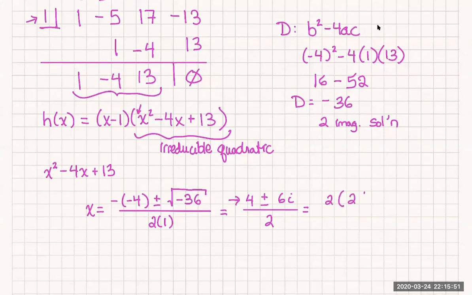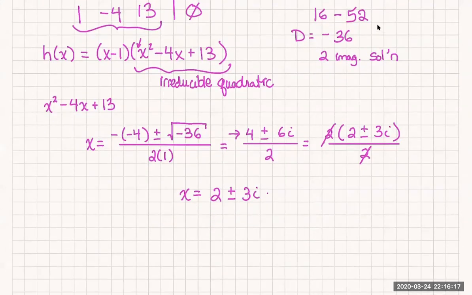So I factor out the 2, and the 2 in the numerator and the 2 in the denominator cancel. So I can only cancel once I factor out from the numerator. So my solutions are x equals 2 plus or minus 3i.